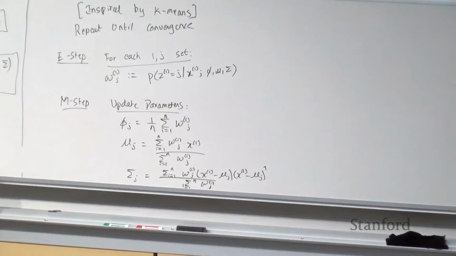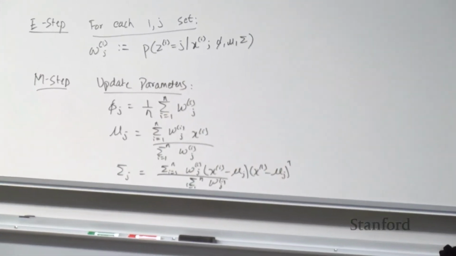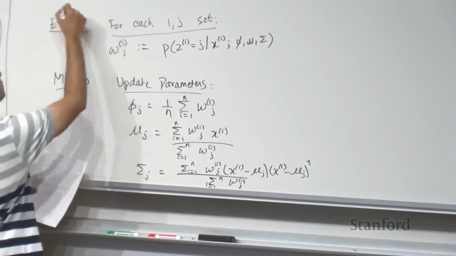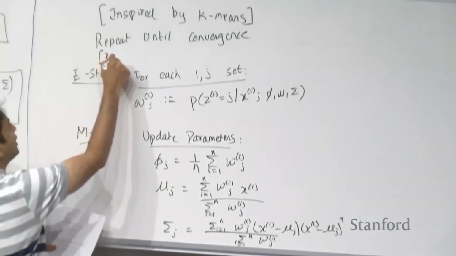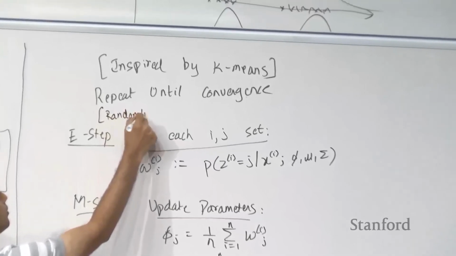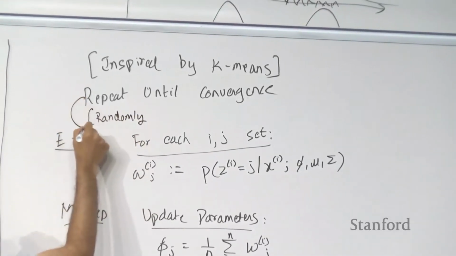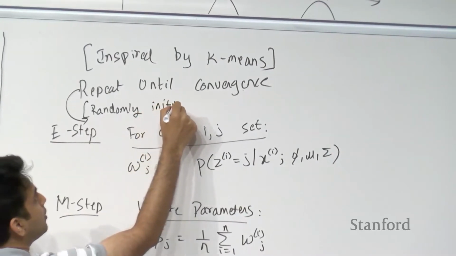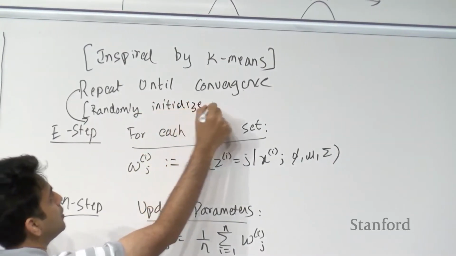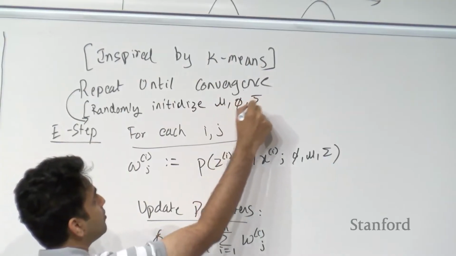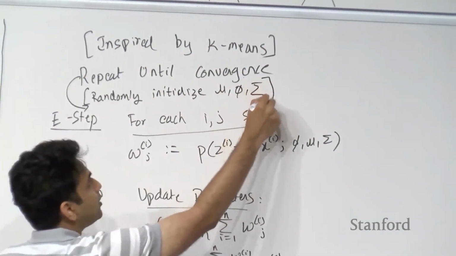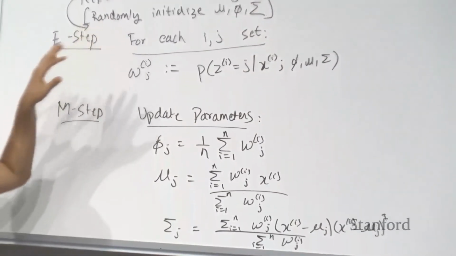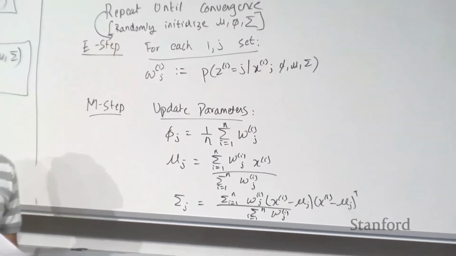So what we did is we start with some random initialization. Randomly initialize parameters mu, phi, and sigma, and the repeat will start after we randomly initialize. Think of this as the way we randomly initialize the cluster centroids in k-means.